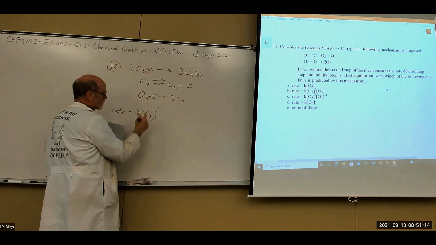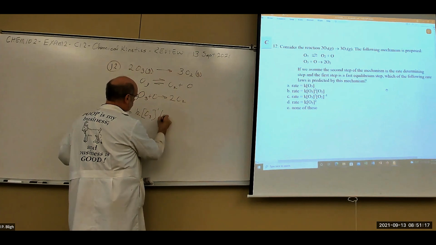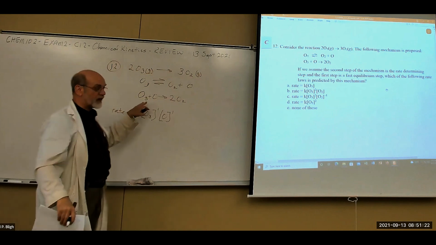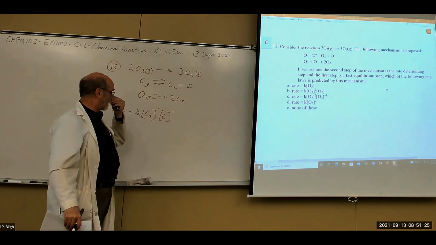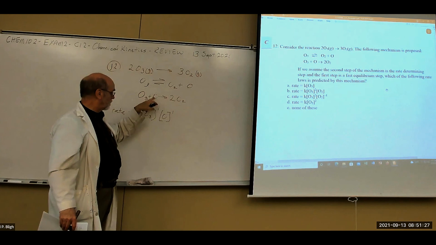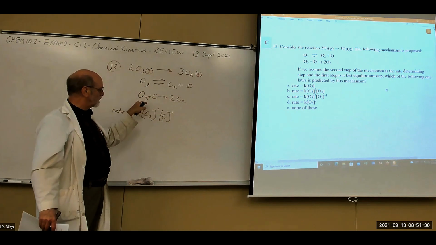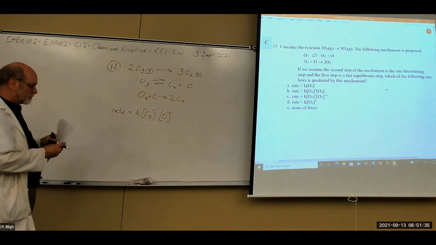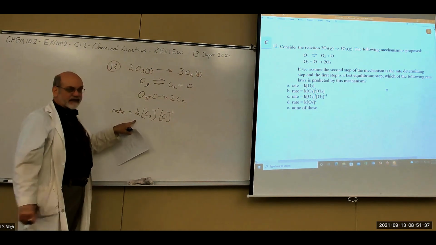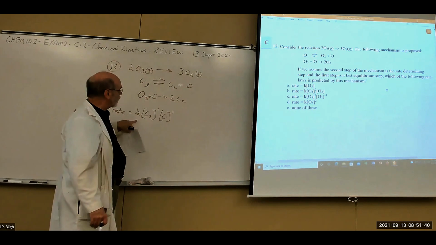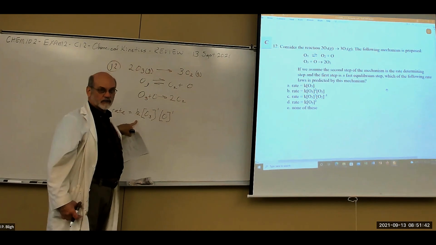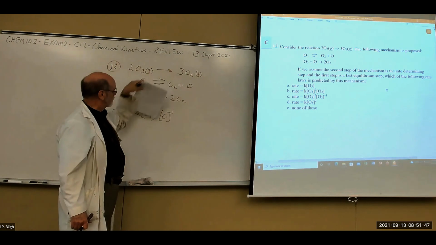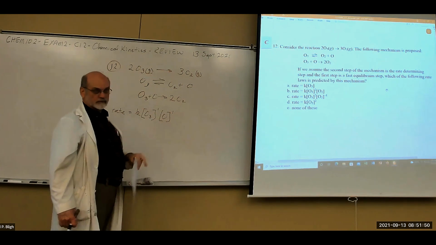So its coefficient power is that, and then this one to its coefficient power. You only use one side of the equation, and we'll write this in terms of the disappearance of reactants. We can't leave it there, because it's not going to agree with any experimentally determined rate law, simply because it has a term in there that doesn't exist here. We got to get rid of that O.